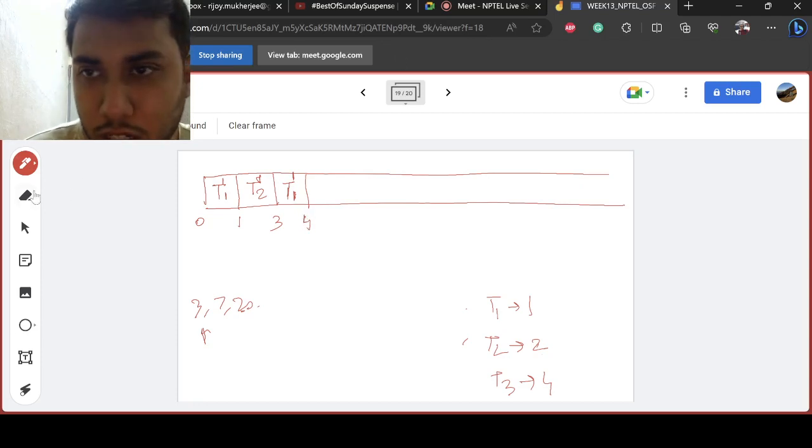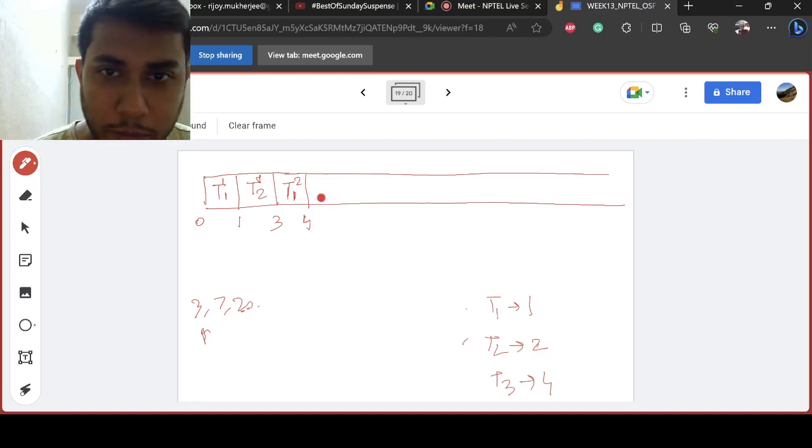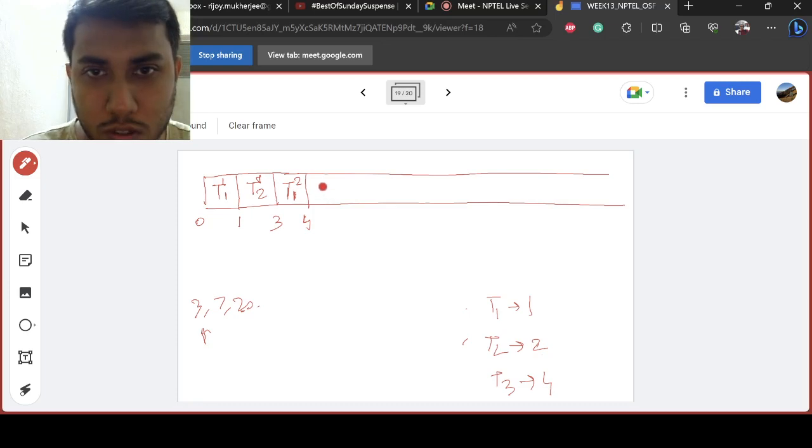So now only T3 is present, and it requires 4 seconds. Let me work out at what times the next ones will come.